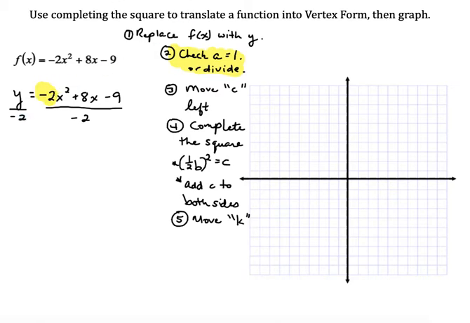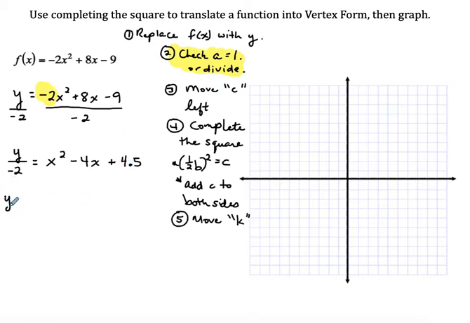right now negative 2. So now I've got y divided by negative 2 is equal to x squared minus 4x plus 4.5. And then I'm going to move this c value over to the left.